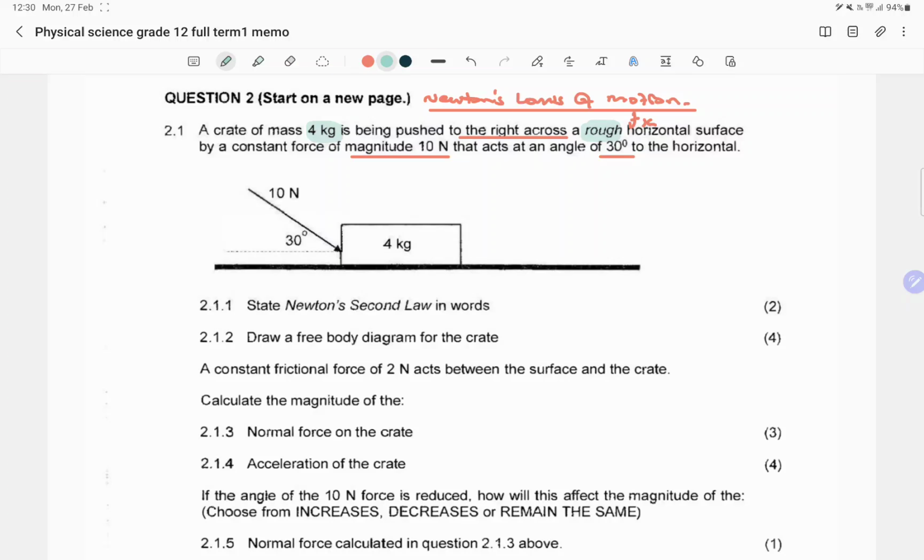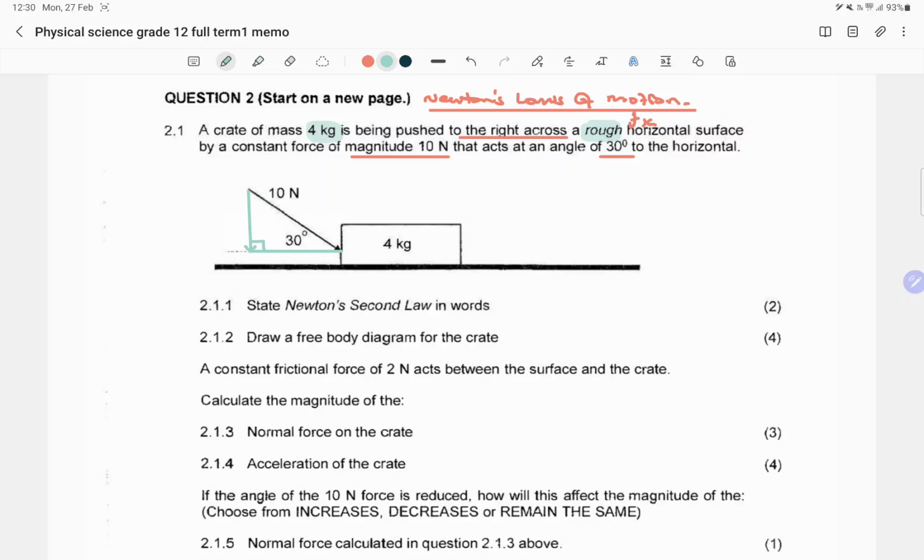Whenever I see this, I immediately break my force into components because it acts through components. Sometimes it's a bit challenging, so I always break it into components.